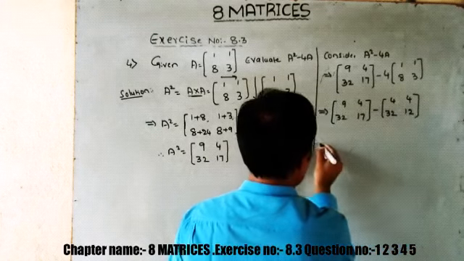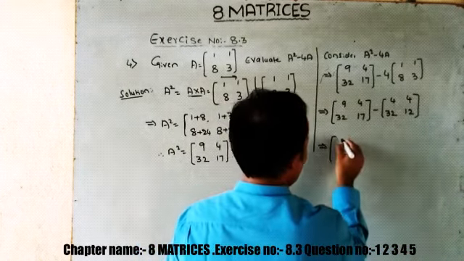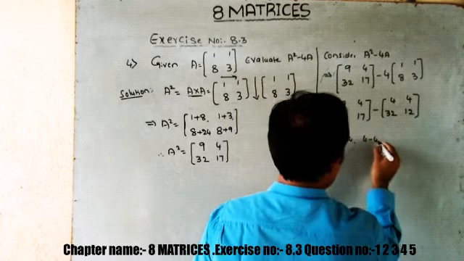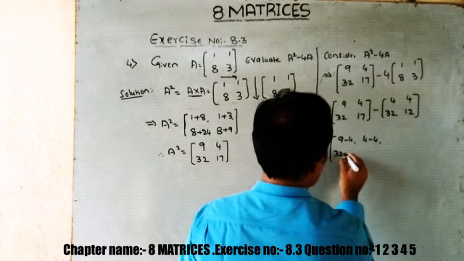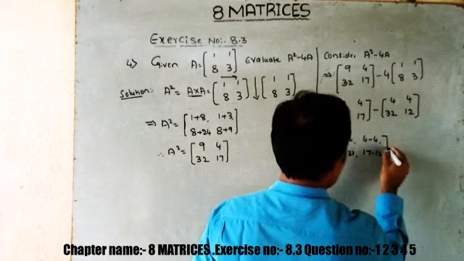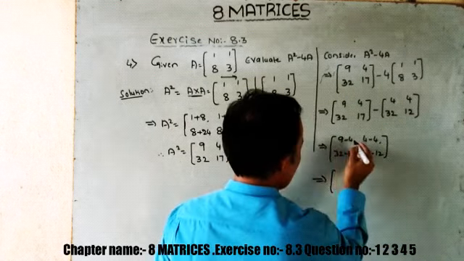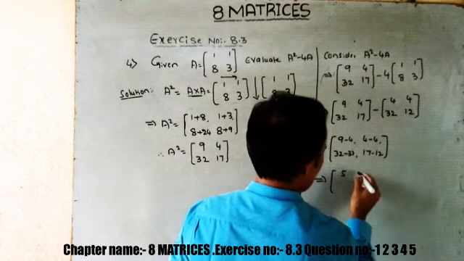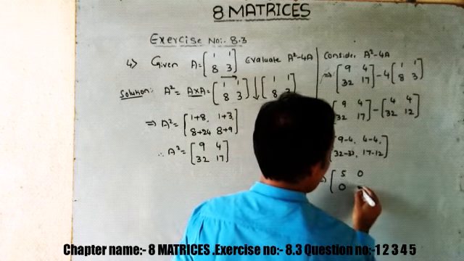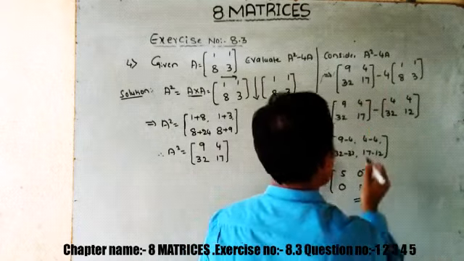This is subtraction, order same, then you can subtract corresponding elements: 9 minus 4, 4 minus 4, 32 minus 32, 17 minus 12. So the final answer is 9 minus 4, 5, 4 minus 4, 0, 32 minus 32, 0, 17 minus 12, 5. So this is the value of A square minus 4A.